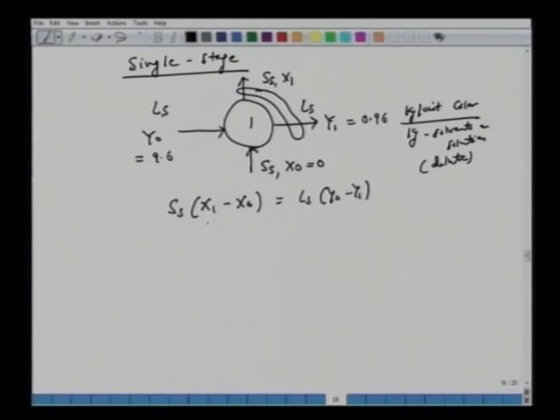Ss we have to find out. x0 is 0 here. Ls is given, 1000 kg, per 1000 kg of solution or solvent we have. y0 is given to us, y1 is given to us. We have two unknowns here, Ss and x1, but you must realize that x1 is in equilibrium with y1, so we have y1 equal to m x1 to the power n, the Freundlich isotherm.